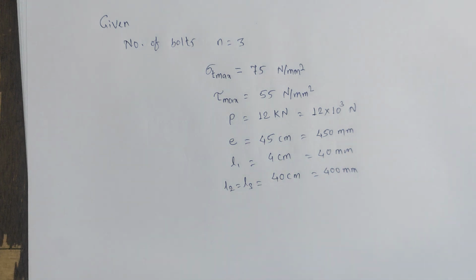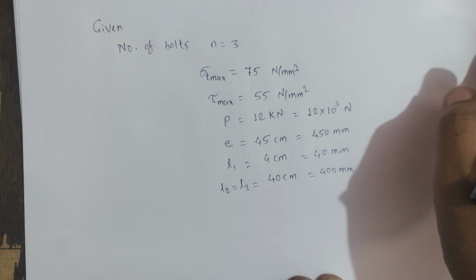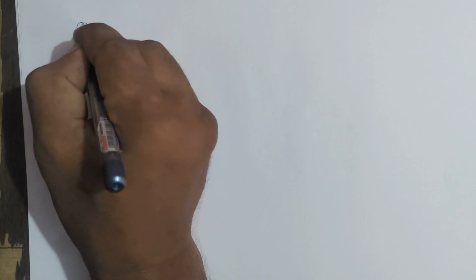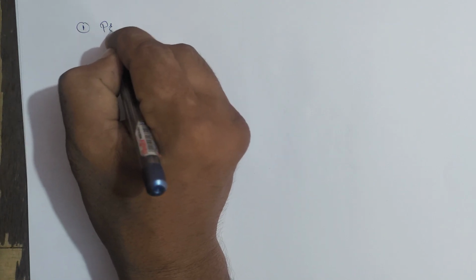Now we have to find out the size of the bolt. So we'll consider the primary effect first, and then we'll go to the secondary effect. So first, consider the primary effect.